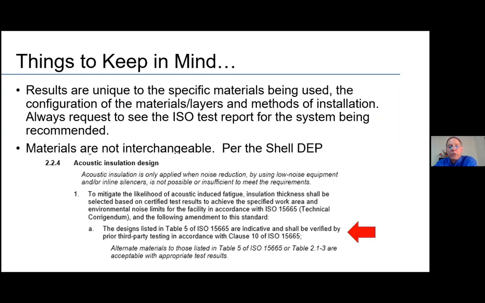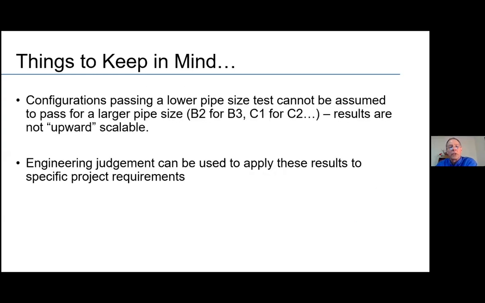The Shell DEP standard, the one that creates that Class D system, states the same thing by the section highlighted here, saying the designs listed in the table are indicative and shall be verified by prior third-party testing in accordance with clause 10. So again it's stipulating that the specific materials to be used in your noise reduction system must have been tested. You really can't substitute one manufacturer's material for someone else's because you don't know that you'll get the same performance.